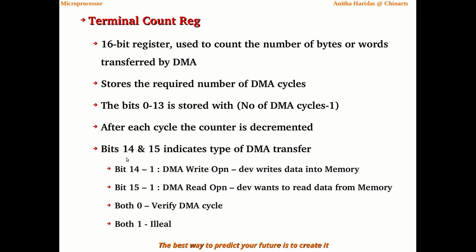Then bits 14 and 15 indicate what type of DMA transfer it is: a read operation, a write operation or a verify operation. If it is a write operation, the device will write the data into the memory. If it is a read operation, the device wants to read data from the memory. If it is 0 0, then it goes for the verify cycle.